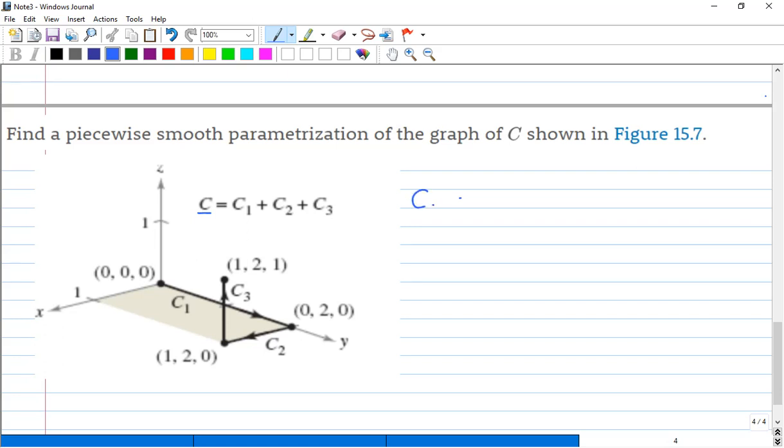And so we need to figure out an equation for x of t, y of t, and z of t. And we're going to start off, for this first curve, we're going to let t be between 0 and 1.